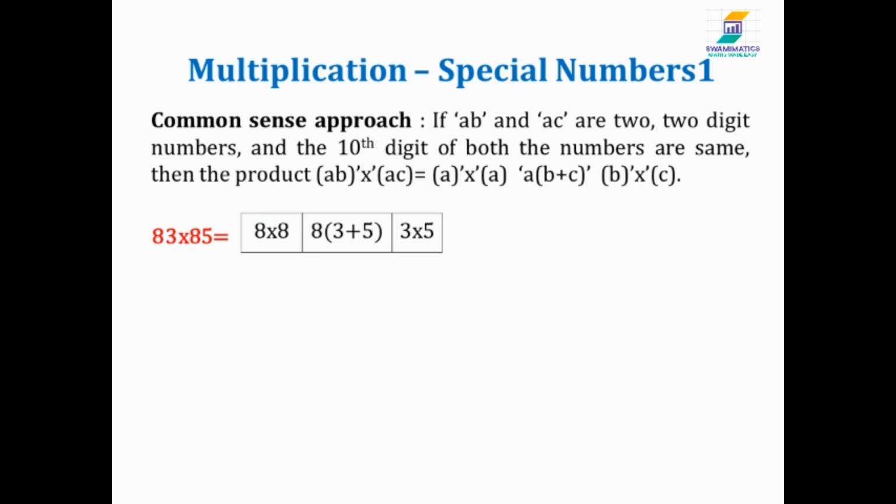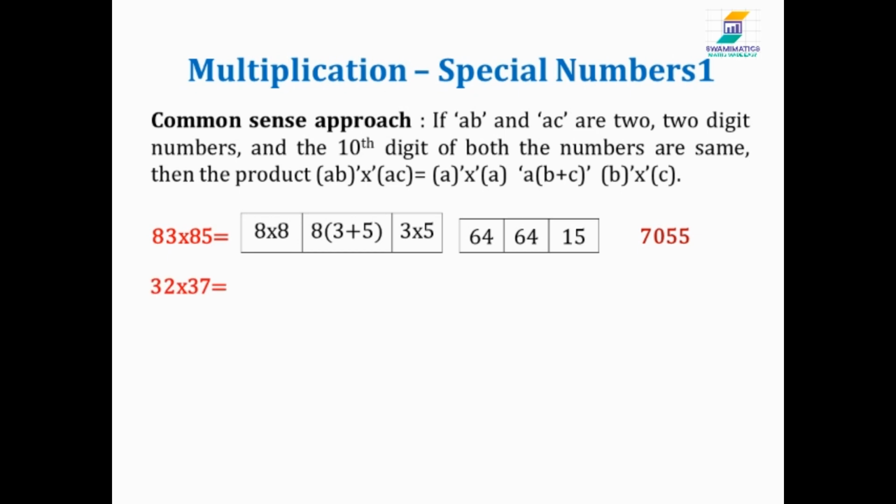What do we do in this case? 8 into 8, then 8 into 3 plus 5, 3 into 5. That is going to be your answer. 8 into 8, 64, 64, 15. So take one digit at a time. So 5, 64 plus 1, 65, 64 plus 6, 70, 7055.